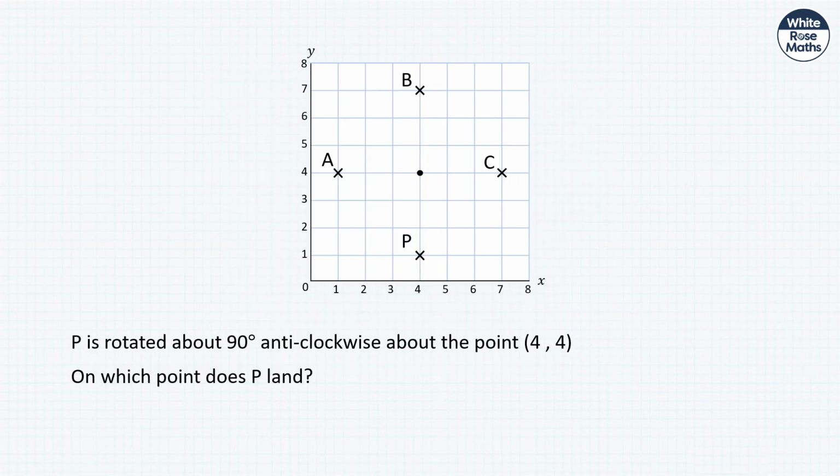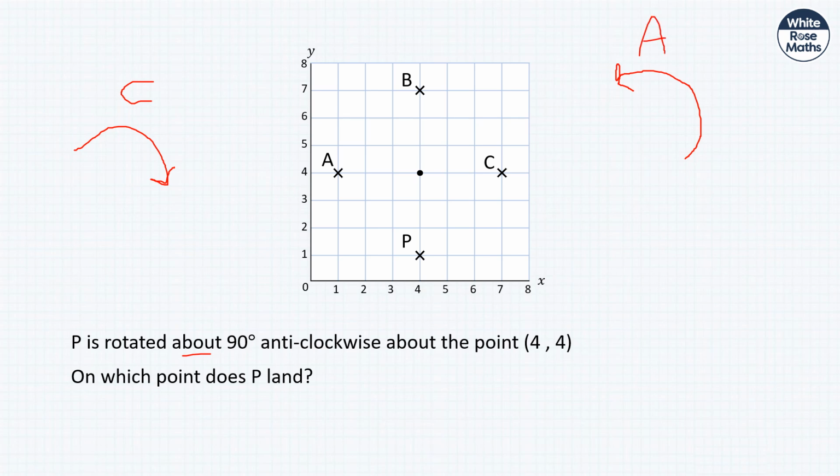Okay, this next one. So P is rotated 90 degrees anti-clockwise about the point 4, 4. Now this one's going to be a bit tricky to do on the screen, so I'm going to have to try and estimate this. Anti-clockwise here, so we'll be going in this direction of motion, guys. So this way would be clockwise, and this way will be anti-clockwise.